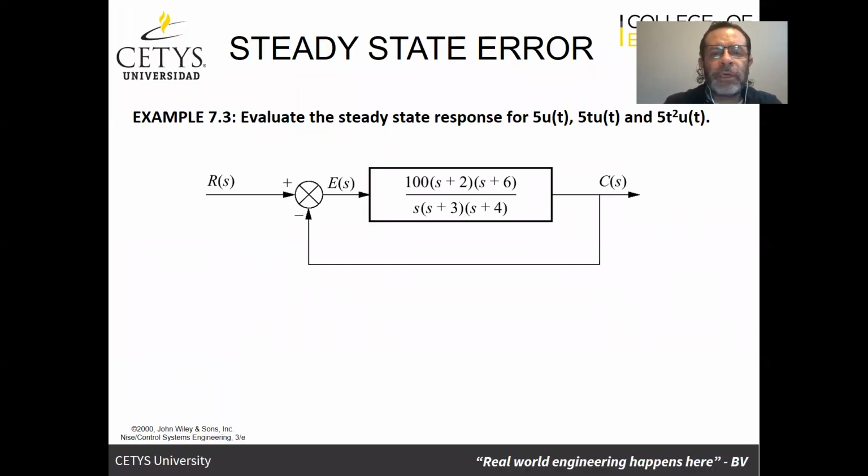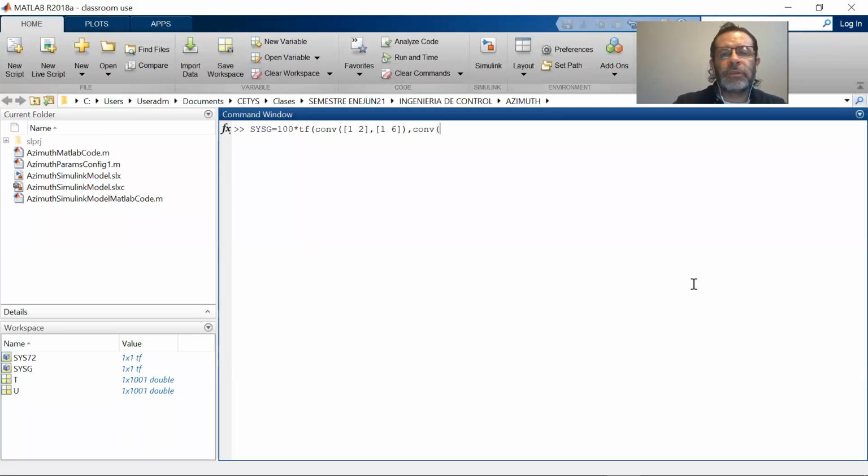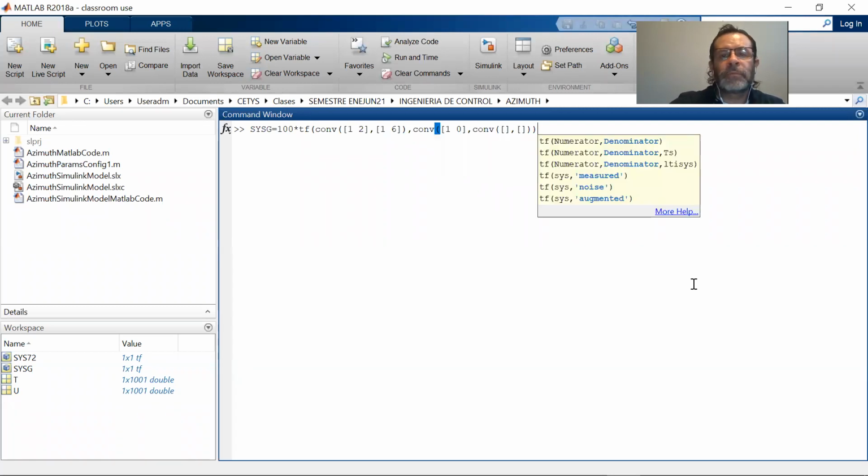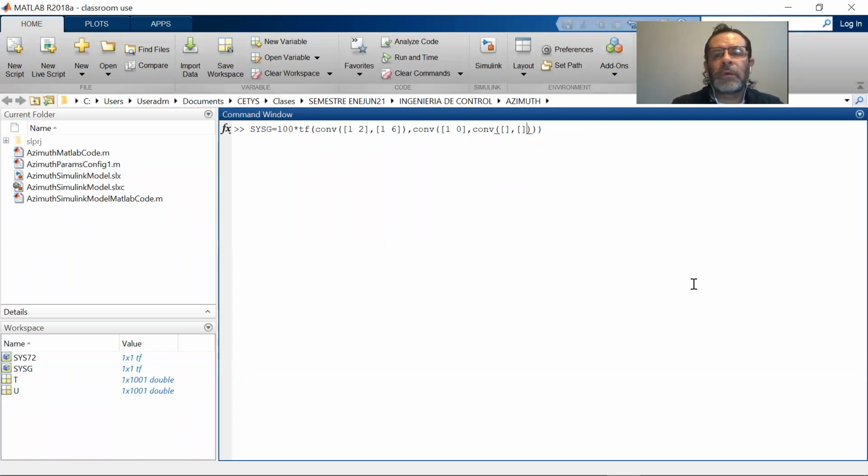And on the denominator, we're going to have the convolution of the convolution of 1, 0 multiplied by the convolution of 1, 3, and 1, 4.